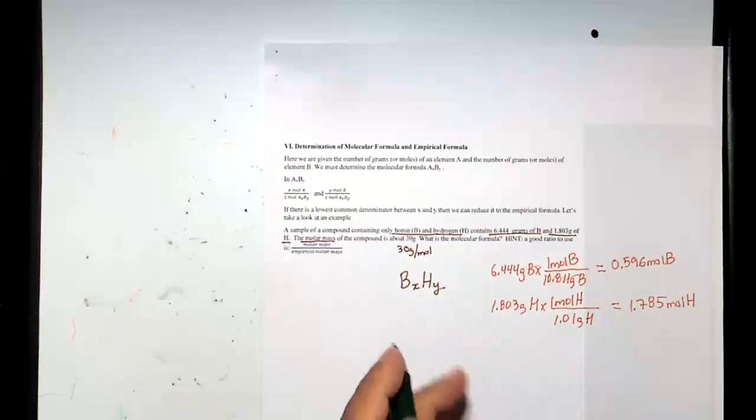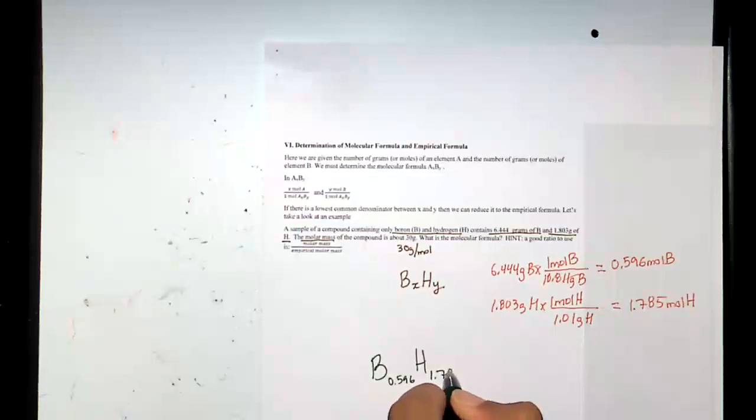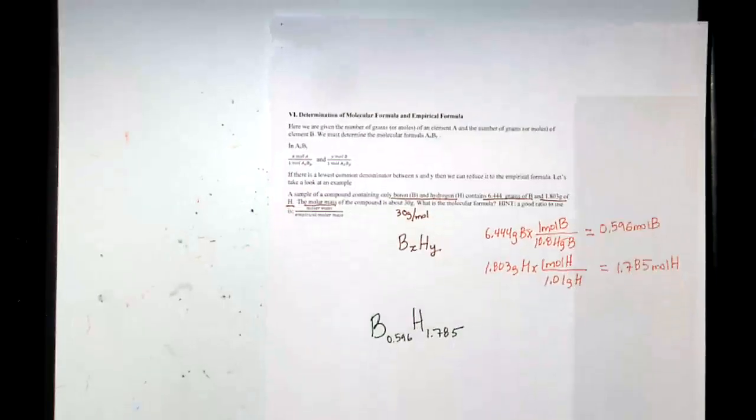All right, so our formula is boron 0.596, hydrogen 1.785. Is this our answer that we will put on our exam or our quiz or our homework? What's one of the first rules of our chemical formulas? No decimals. Very good.